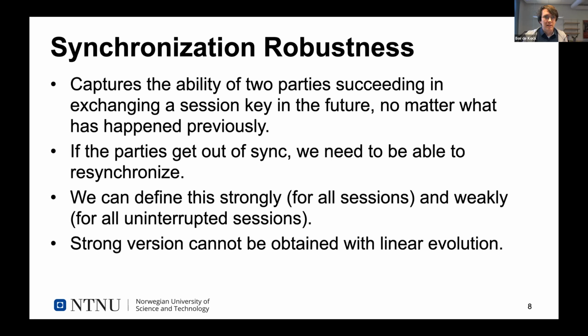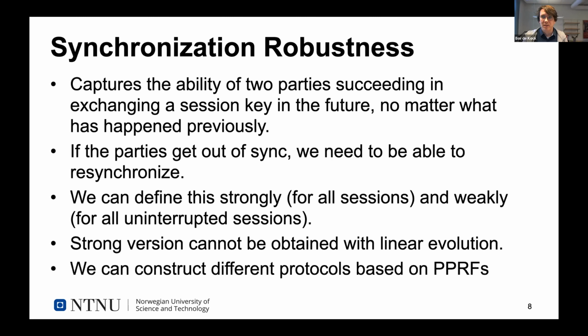And we show in our work that this strong version, so that every single session will always terminate successfully, is impossible to obtain with linearly evolving key material. But we show that if we use puncturable PPRFs, then we can actually obtain this. So we can construct protocols in which we evolve the key in a non-linear way as well.